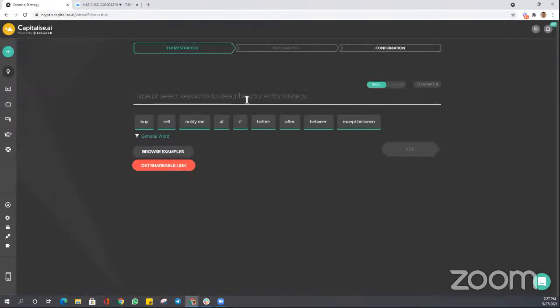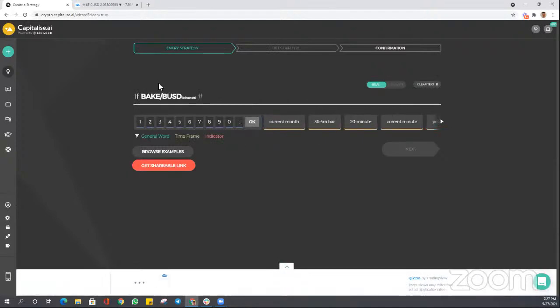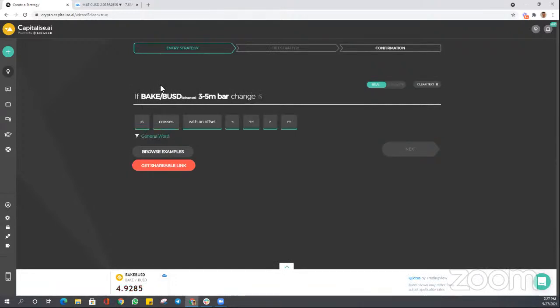But we're going to go to create new strategy. We've got to get moving. So let's create a strategy, and we'll change perhaps something in the entry. So let's go: if BAKE BUSD 3 by 5 minute bar change is negative, let's say by at least 2%.